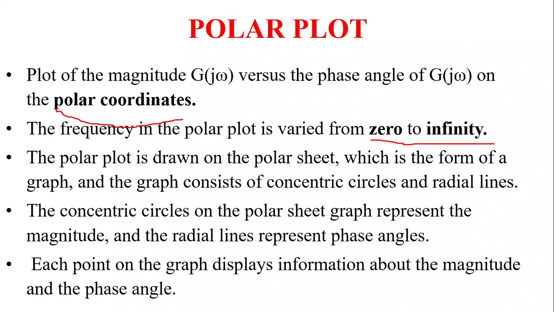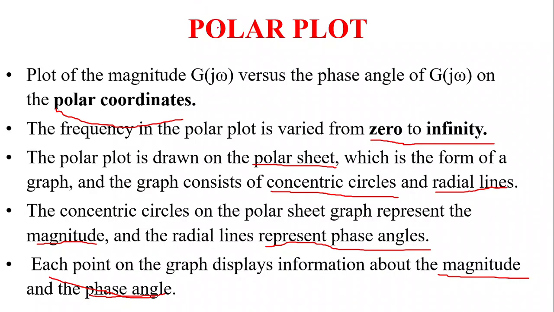The polar plot is drawn on a polar sheet, a graph consisting of concentric circles and radial lines. The concentric circles represent the magnitude and the radial lines represent the phase angle. Each point on the polar graph displays information about the magnitude and the phase angle.